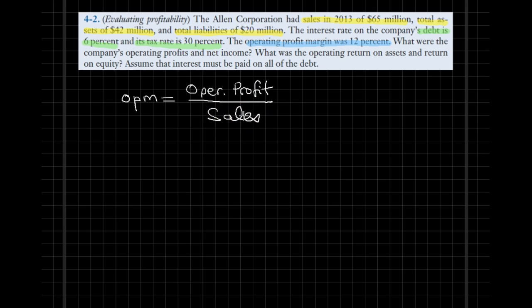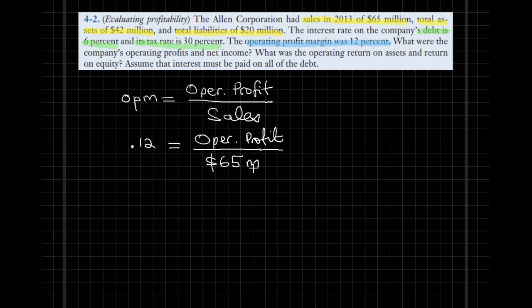In our case, operating profit margin is 12%, so 0.12 equals operating profit, which is our concern, so let's leave it as it is, divided by sales, which is given as $65 million.